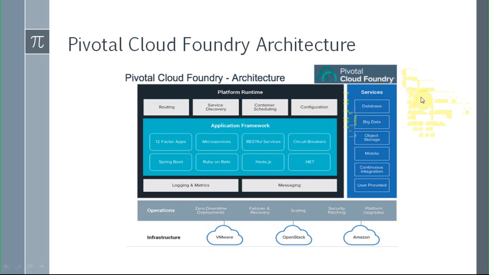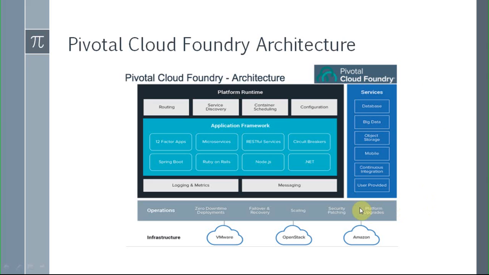Or search engine databases like Elasticsearch or Solr, or graph databases that are used mostly in social networks, for example, Neo4j.